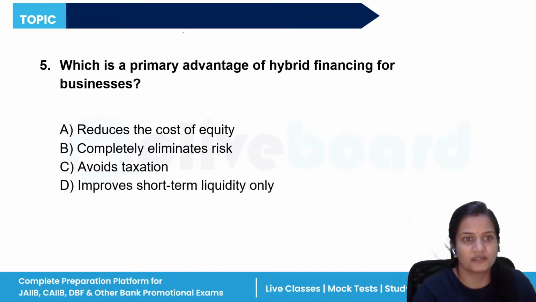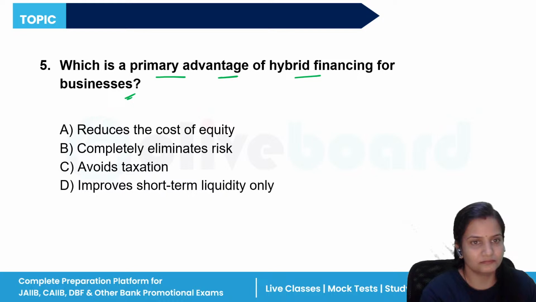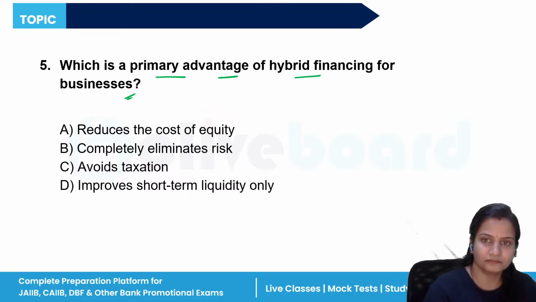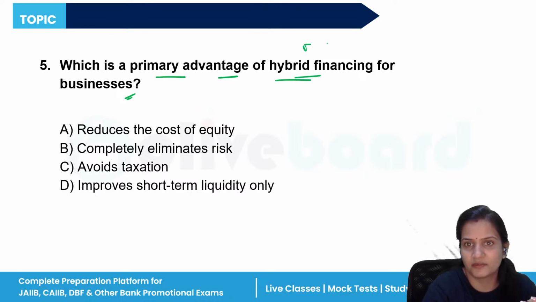Now, next question. What is a primary advantage of hybrid financing for business? The advantage of hybrid financing. Hybrid financing, we have seen, is a mixture of debt and equity.